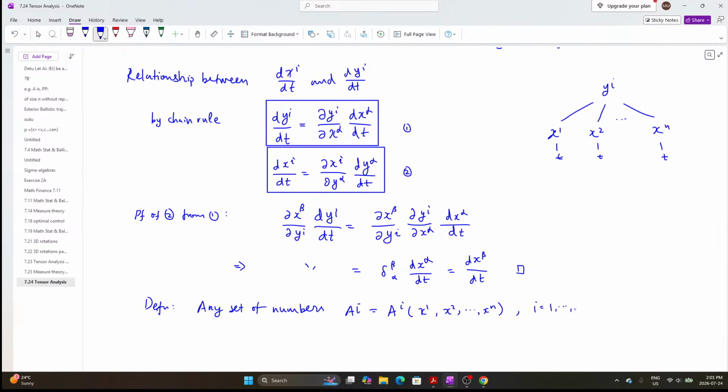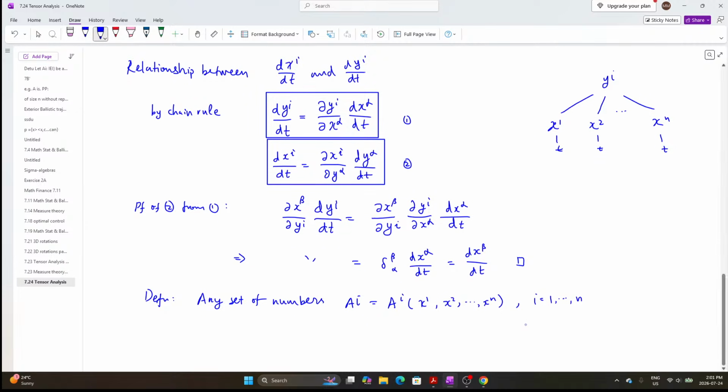So that's an array of n numbers. Any set of numbers A^i which transforms according to the following law is called the components of a contravariant vector.